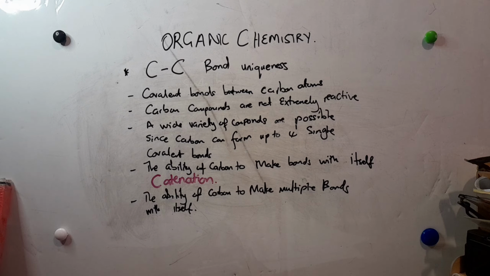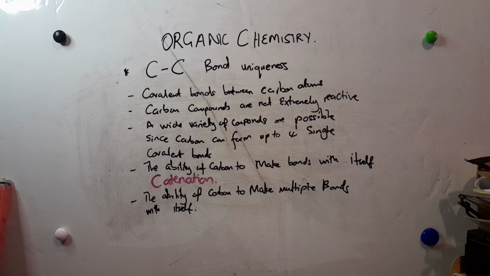And also the ability of carbon to make bonds with itself, like we said, the property called catenation. This also makes the carbon to carbon bond unique, right? The ability of carbon to make multiple bonds with itself. We also talked about this, right? So now let's go a bit further and describe some other things that are going to help you when you are dealing with organic chemistry.